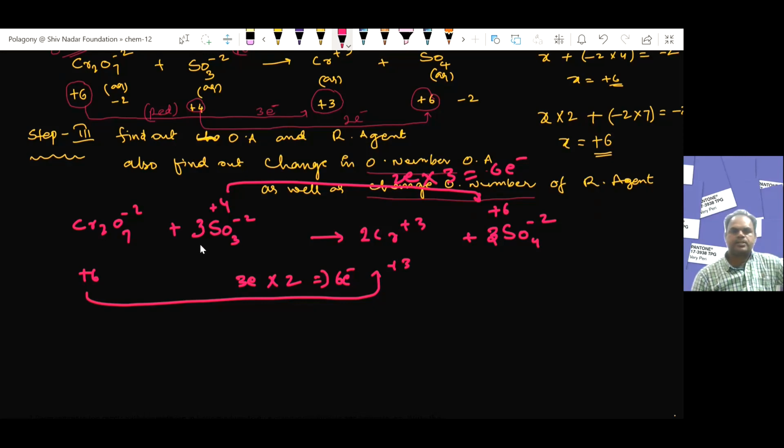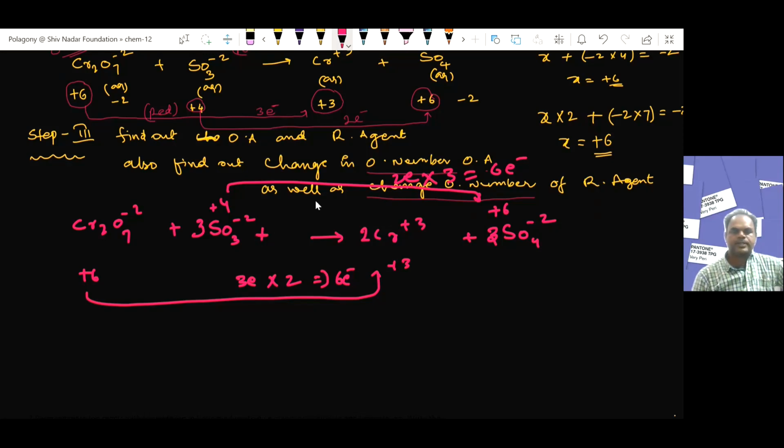So on both sides, then count the oxygen atoms. 7 plus 3 into 3, so 9, that is 16. So here 2 into plus 6, and 3 into minus 2. So here charges on the product side are already equal, but this side charges are not equal.